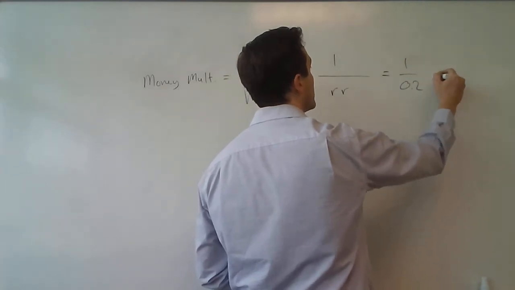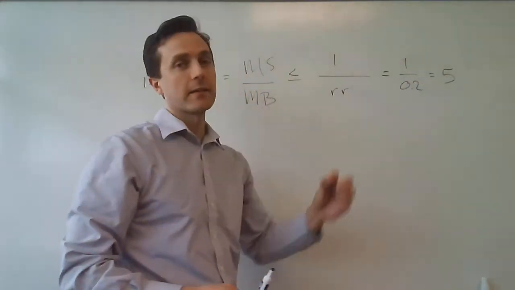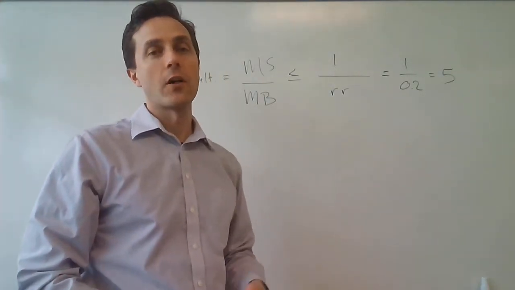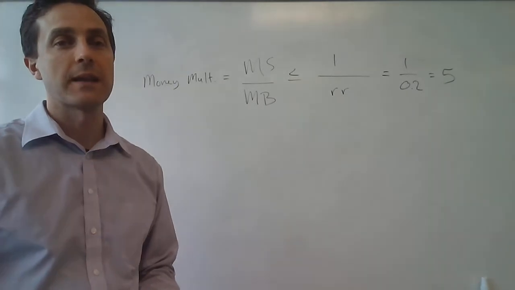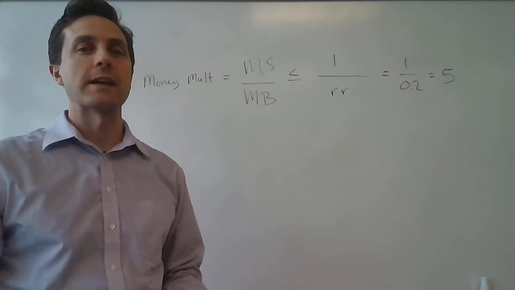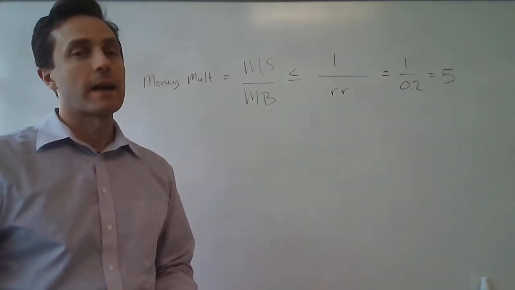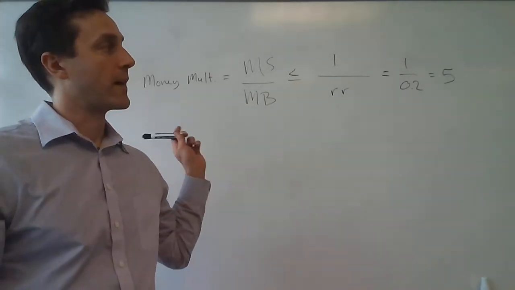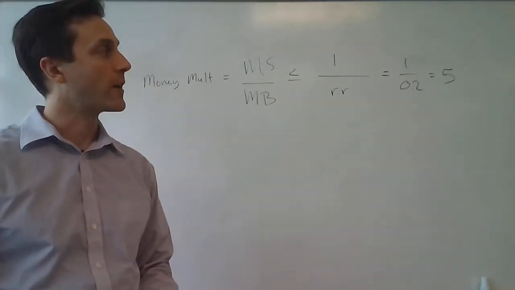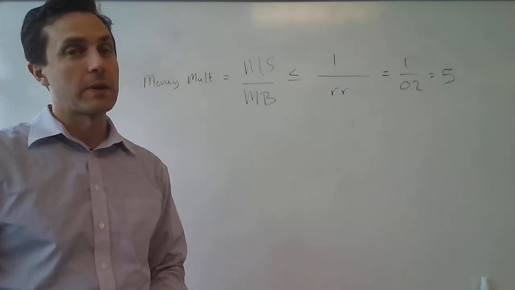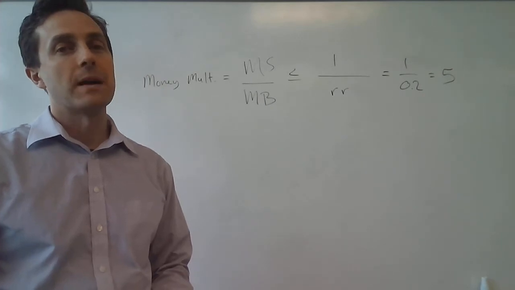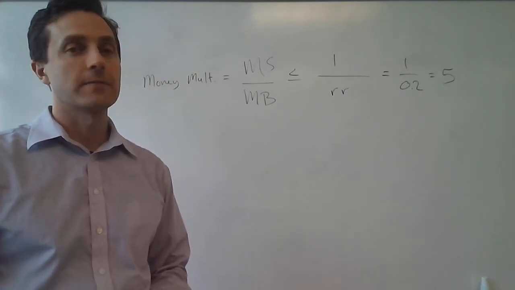If there was a required reserve ratio of 0.2, meaning out of every dollar that somebody deposits into a bank, the bank must hold on to 20 cents of it in reserve and can lend out the other 80 cents, then in that economy, the money multiplier has an upper bound of 5. It cannot be greater than 5. You can get up to 5 theoretically if nobody held any currency and if banks had no excess reserves, but it can't go above 5.